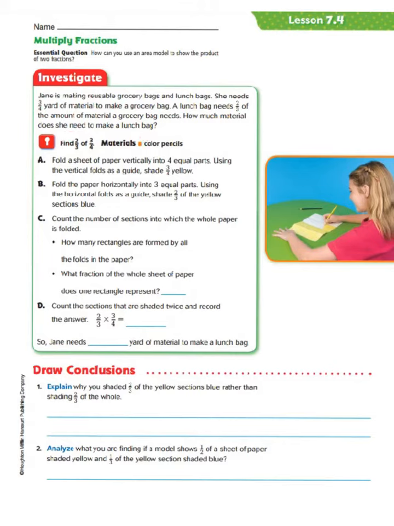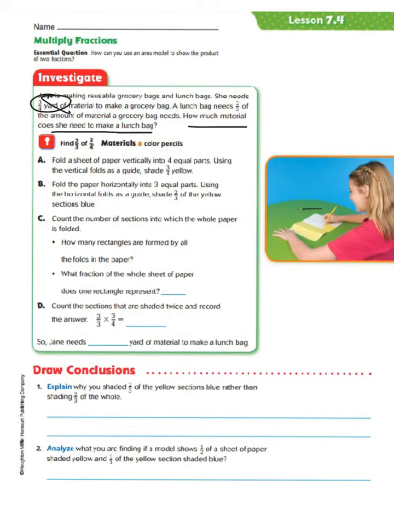All right, let's start off by underlining our key question, and that is how much material does she need to make a lunch bag? Now let's go back into our word problem and see if we can pull out any keywords or key information. She is making reusable grocery bags and lunch bags. She needs 3/4 yards, so let's go ahead and circle the 3/4 yard of materials to make a grocery bag.